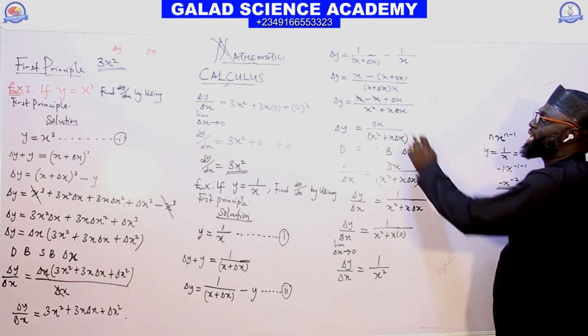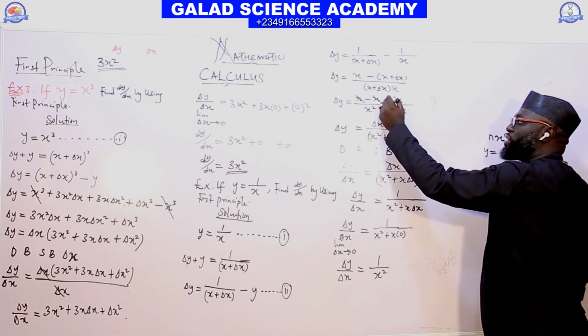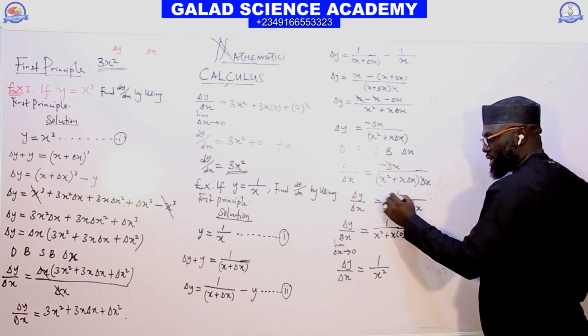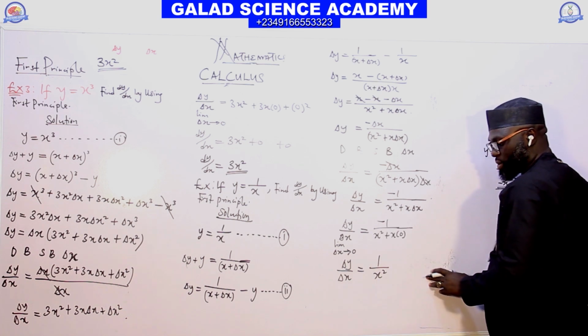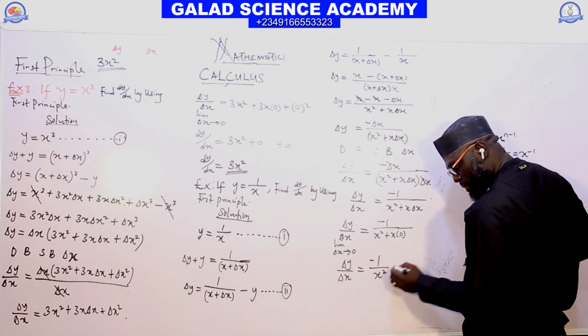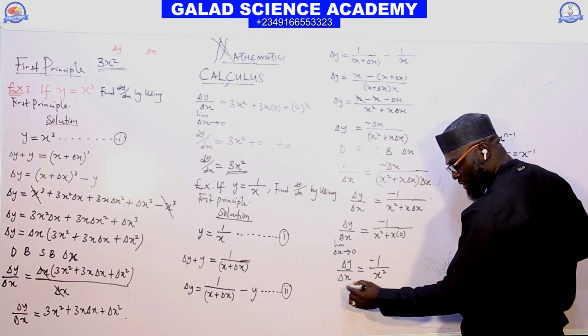Yeah, I made a mistake here. This minus supposed to affect this. So here we have minus. This one will be left with minus. So the final answer here will be this expression.